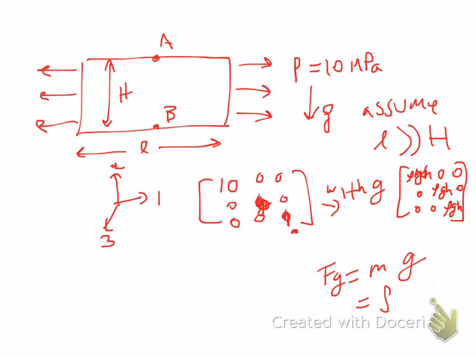Or no, would H be 0 at point A? H is 0 at point A. So it's 0 all over. And what is it at B? It's rho GH. So this is where you were asking about writing it as a function of Z, which you can do.